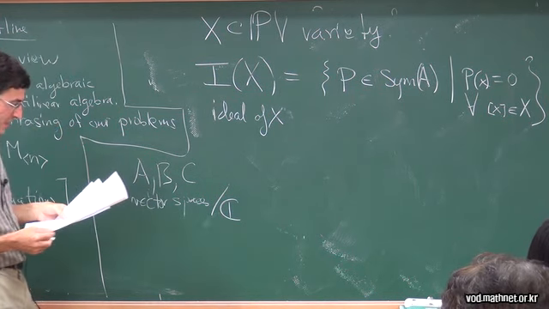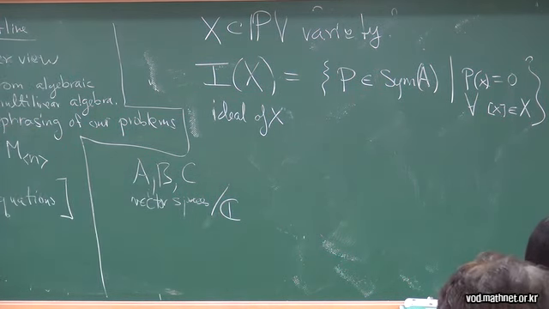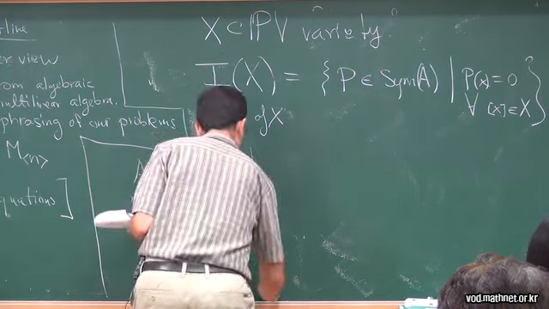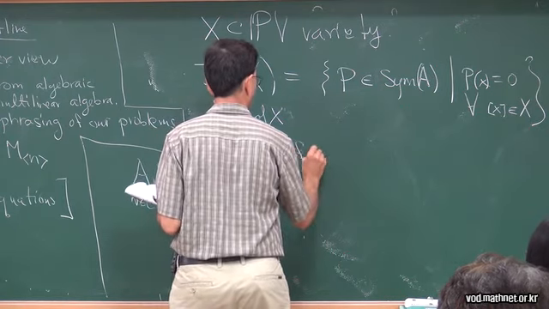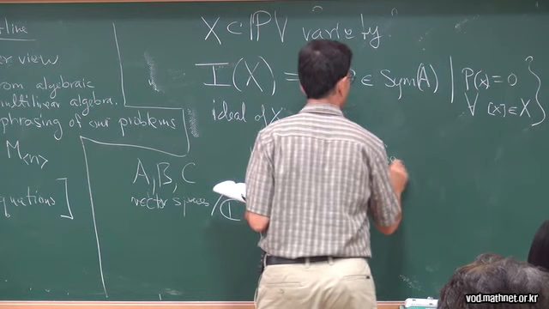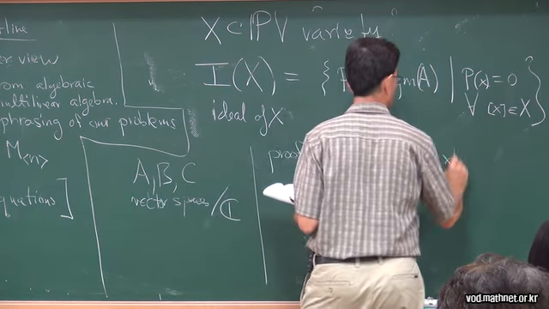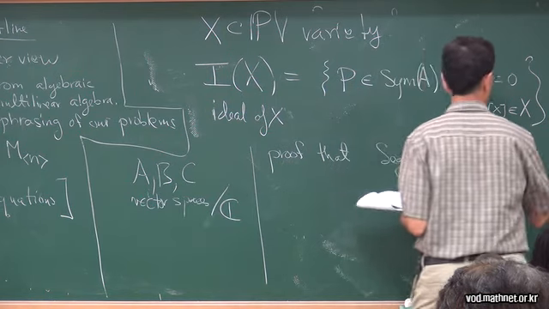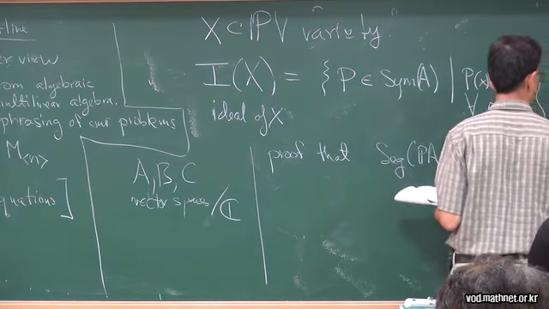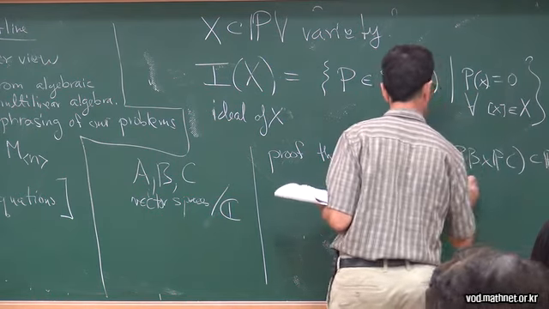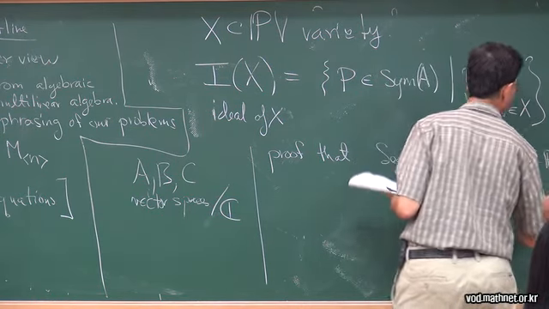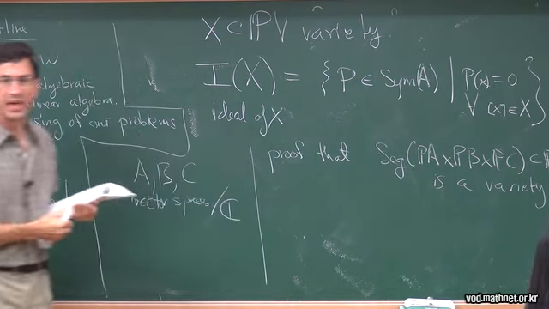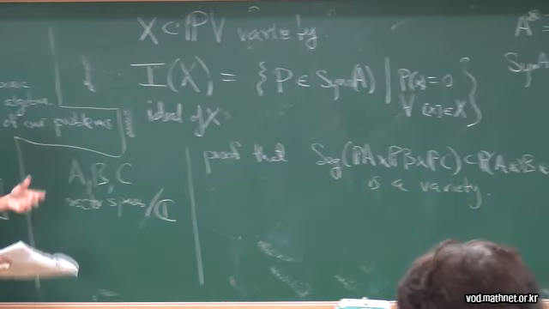And I don't know at this point how much to say, because maybe you know more than I do about these things. So let's see. Let's give a proof that this Segre is a variety, in the weak sense I defined this morning, just the zero set of a collection of homogeneous polynomials.